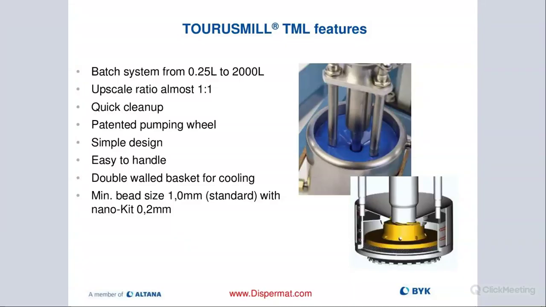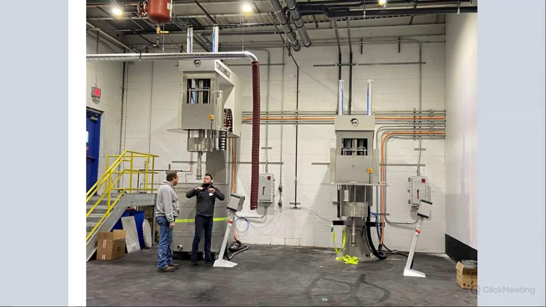That pumping wheel really helps us to move the product into the mill. It's a pretty simple design, very easy to handle compared to other milling systems. Again, cooling is so important, which is why our design is double-walled. And then, depending on the mesh size of the screen, you can use different media sizes depending on the final particle size.